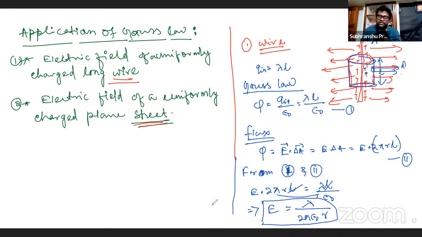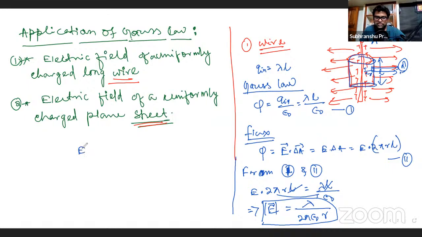This is the field you are getting for the uniformly charged wire at a distance R from the wire. In vector form also you can write it. This is the magnitude; in vector form it will be along the direction of n cap, the area vector.